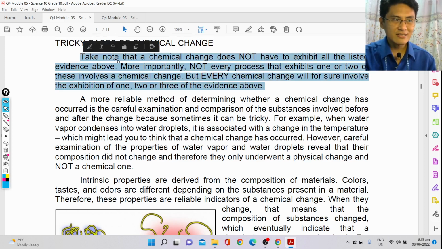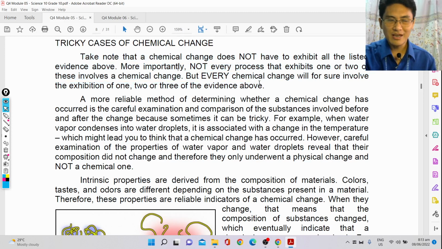Why do we use evidence of chemical change when it's not really a surefire way of telling if it's a chemical change or not? Well, again, think of it as a guideline. Think of it as a warning, a notification, where if something exhibits this evidence, it is possible for it to involve a chemical change, but you are still not sure.